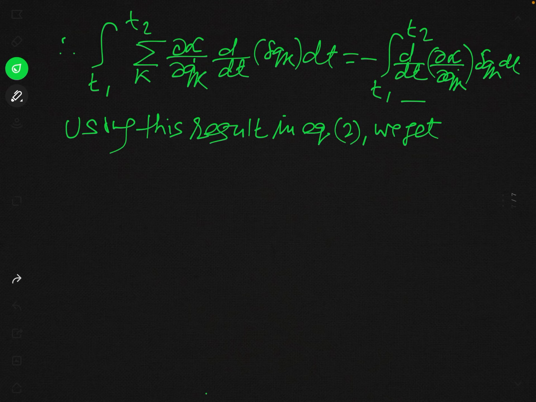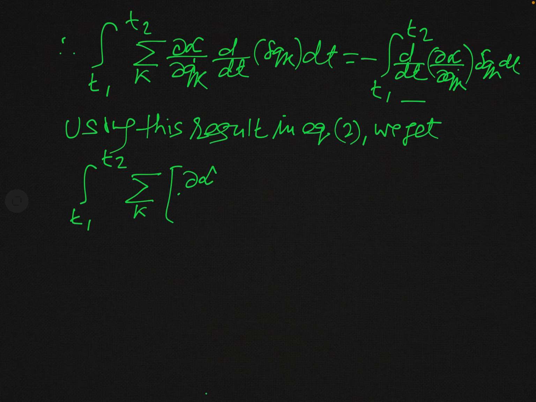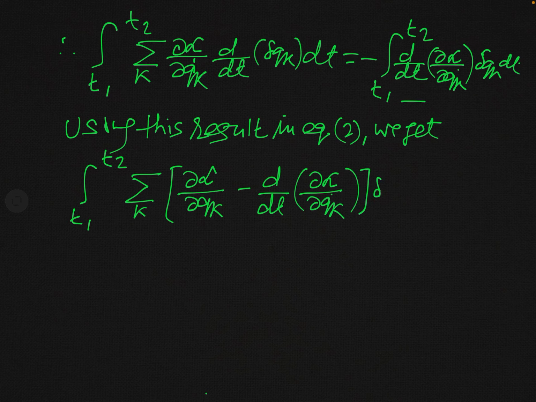So you can write now, this is the integral from t1 to t2, summation over k, of del L by del qk minus d dt del L by del qk dot, times delta qk dt equal to 0. Say this is equation 3.